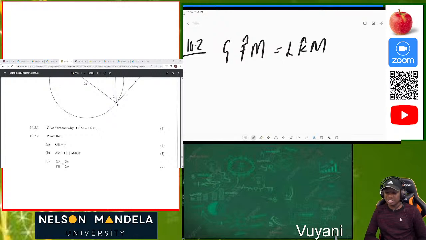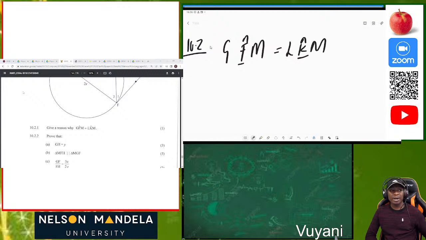Give a reason why this angle F and angle K are equal to each other. Why are we saying that GFM is equal to LKM?